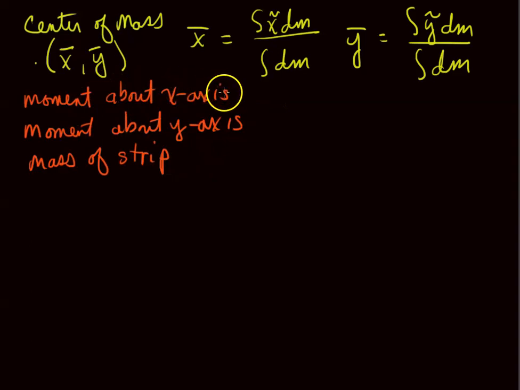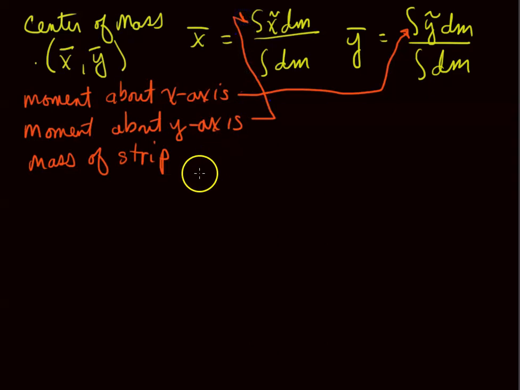Well, the moment about the x-axis, remember, is when you use the y. So this numerator right here. The moment about the y-axis, then probably you got it, is when we use the x. The mass of the strip are these two things here.